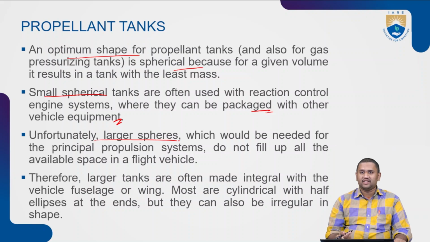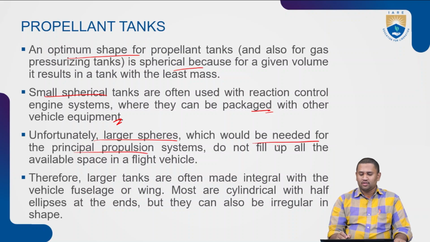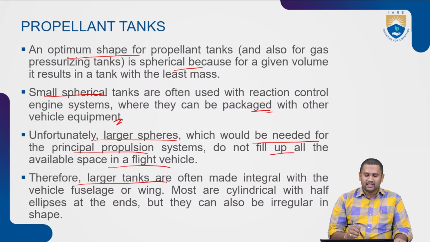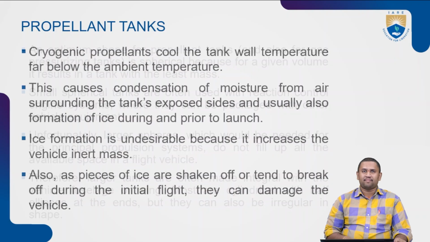Unfortunately, the larger spheres that would be needed for the principal propulsion system do not fill up all the available space in the flight vehicle. Therefore, the larger tanks are often made integral with the vehicular fuselage or the wing. They are mostly cylindrical with half ellipses at the ends, but they can also be irregular in shape.